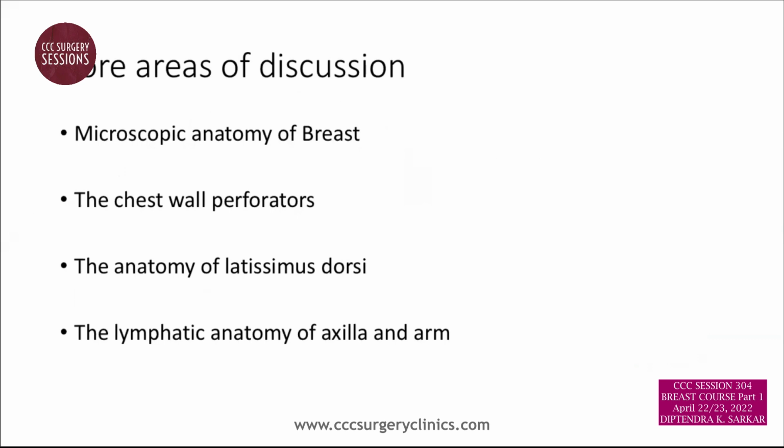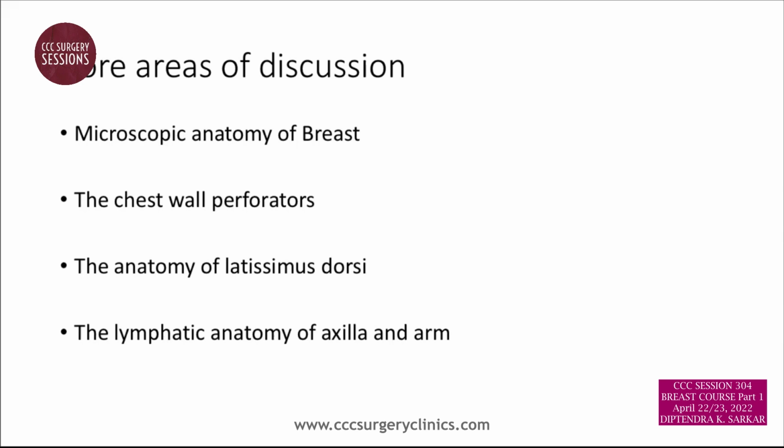Number 1, what are the changes in the microscopic understanding of the anatomy of breast and the resultant breast cancer? Number 2, I'm going to talk about a completely new group of blood vessels that have been identified in the last 5 years. These are the chest wall perforators and how they changed the perception of breast cancer.